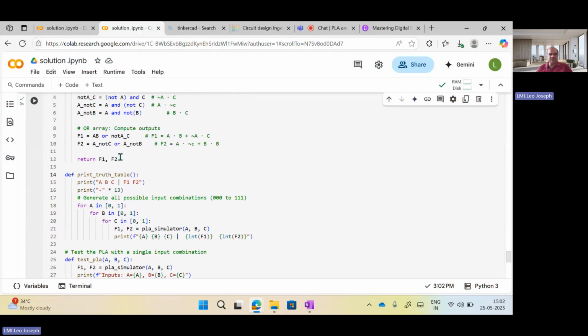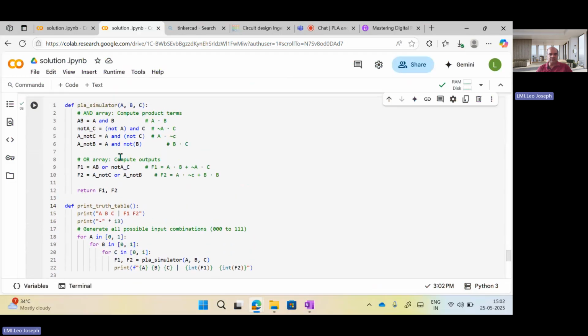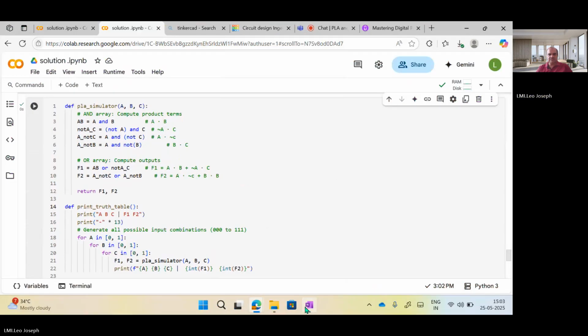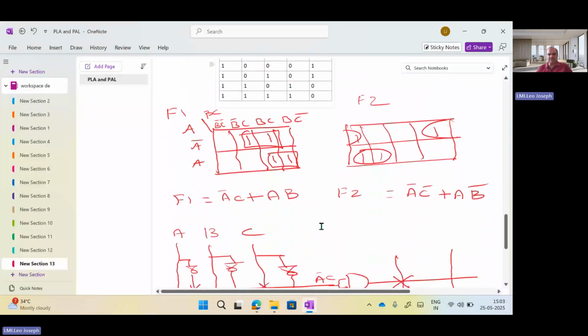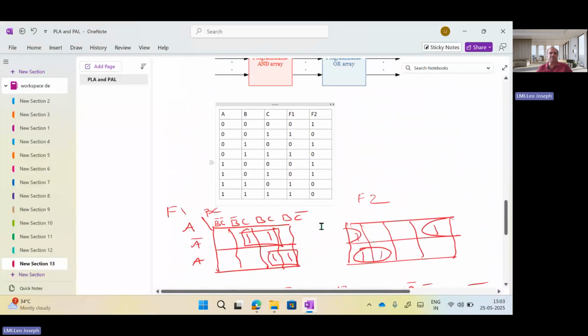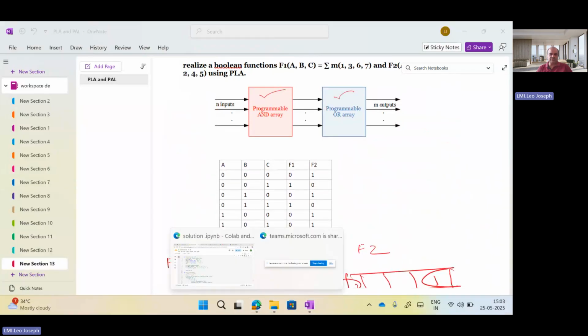A not C. Okay, here you can see A B bar, A bar C plus A C bar plus A B bar. That is the answer you are getting, right? A C bar plus A bar C bar plus A B bar. A bar C bar plus A B bar. That should come.